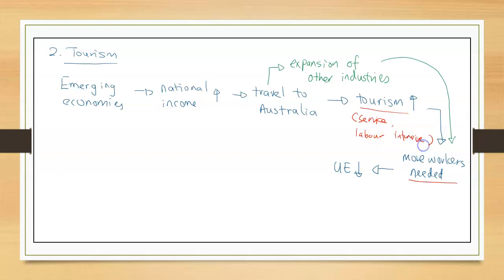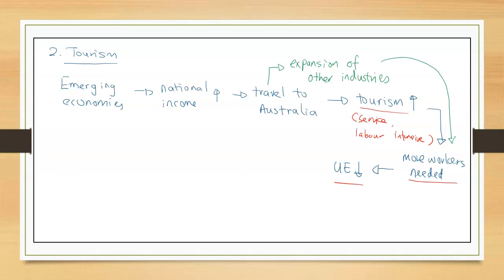Okay, huge number of workers, that's why we call it labor intensive. So more labor needed, more workers will be able to find jobs, and that reduces the unemployment rate. And not only that, when tourists come into Australia, tourists can also spend money in other areas besides just the tourism related sector.